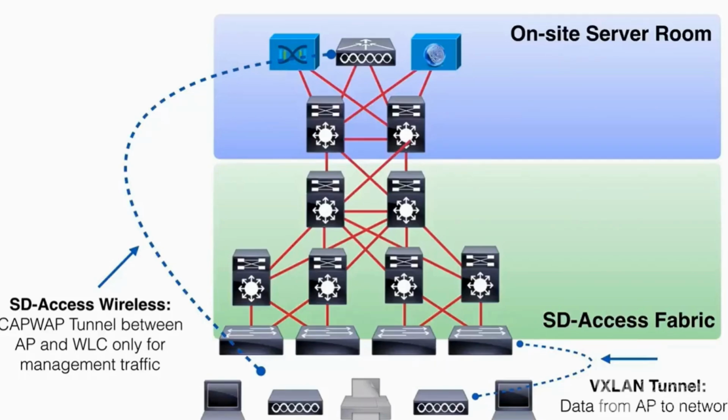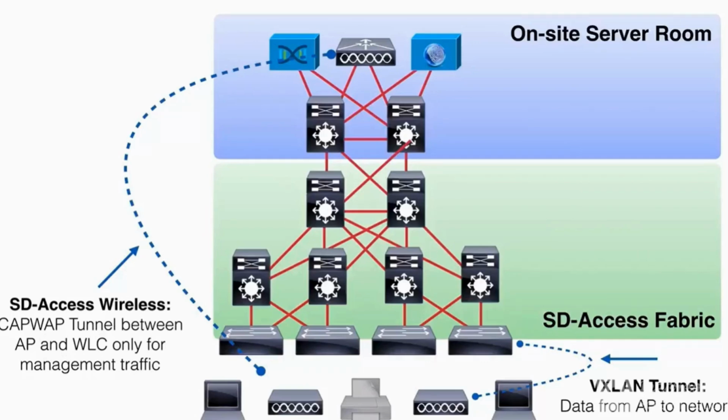Now, it still does have a CAPWAP communication going on. We'll talk about that in just a second, but the VXLAN tunnel that's created here is used to carry data from the access point back to the SD access fabric, where the overlay network can take care of directing the traffic anywhere it's needed. So this is a much more efficient and scalable type of topology for wireless, because the traffic doesn't always have to be carried all the way back to the wireless LAN controller in this model.